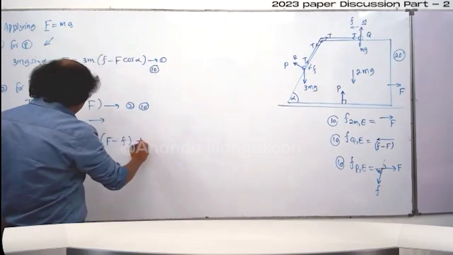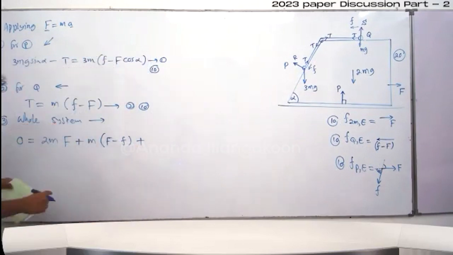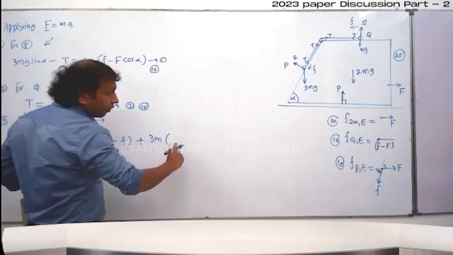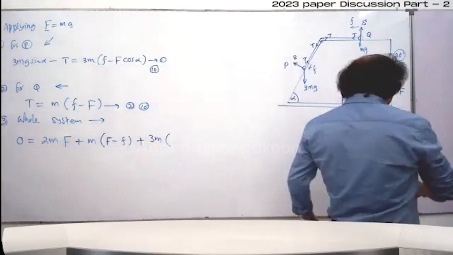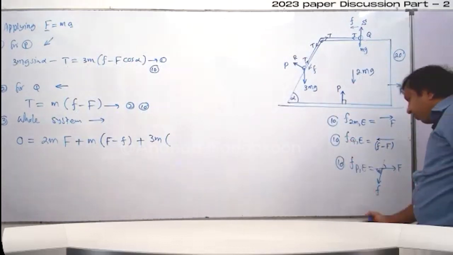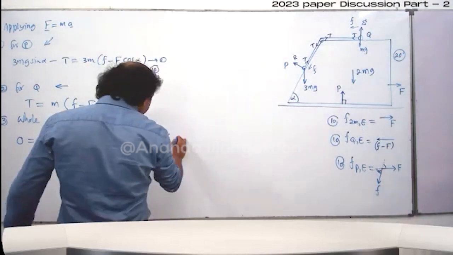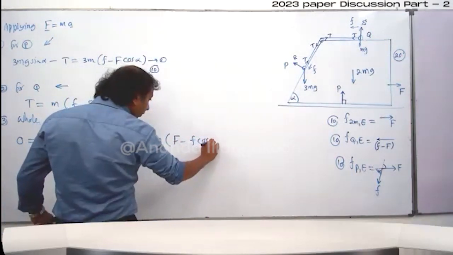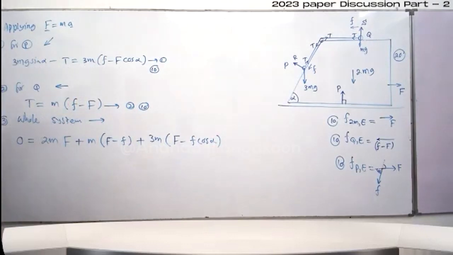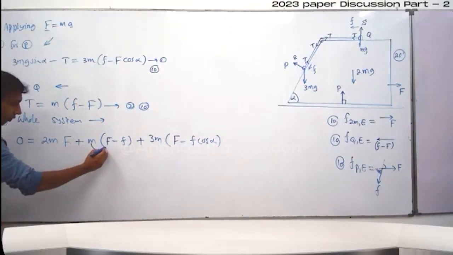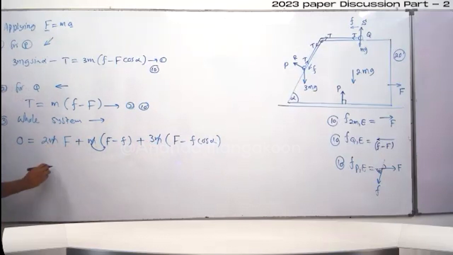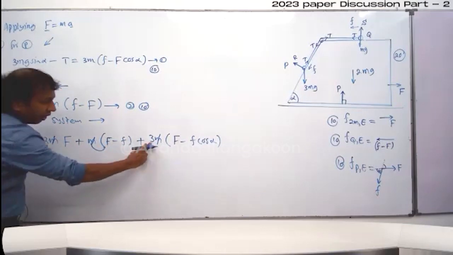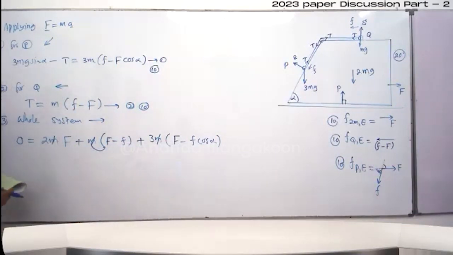And next, this particle P, its mass is 3m. Acceleration in the rightward direction, what is that? Capital F rightward, simple f cos alpha leftward. F minus simple f cos alpha. Then, people, remember the bracket like this, m you can cancel. Then here we have 2F, here we have F, here we have 3F. Then we get 6F.